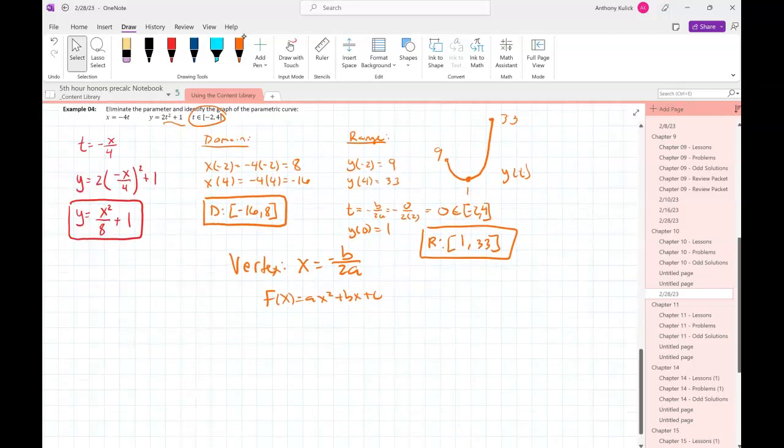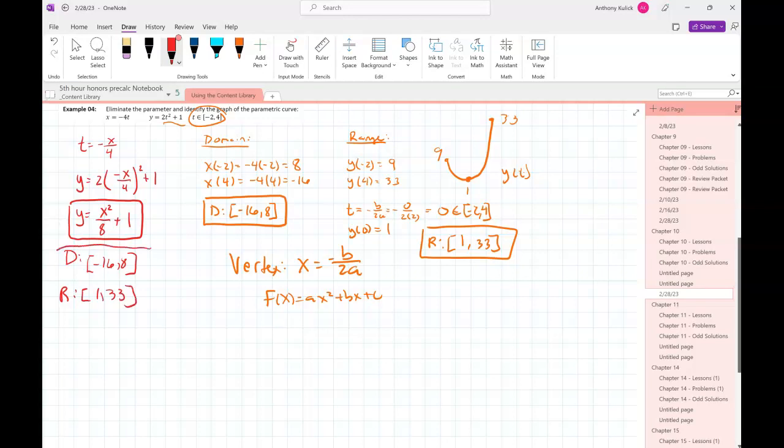So what this tells me is I go back here and I have to list the domain for this function as well. Because the domain for my Cartesian has to match the domain and range for my parametric.